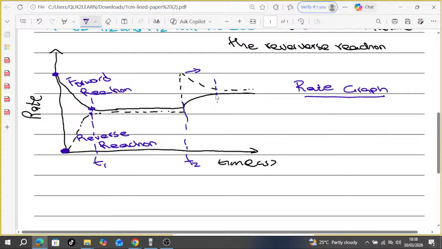So now at T2, the temperature is increased. How do we see that the temperature is increased?